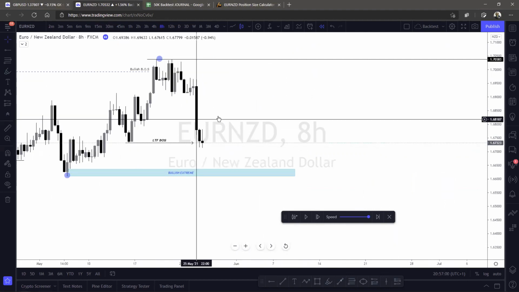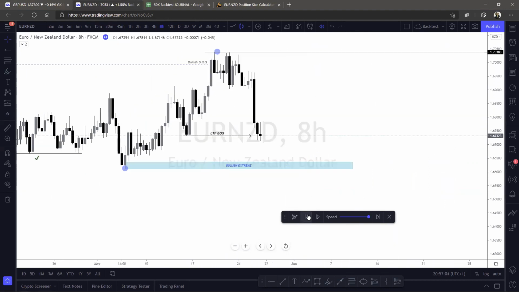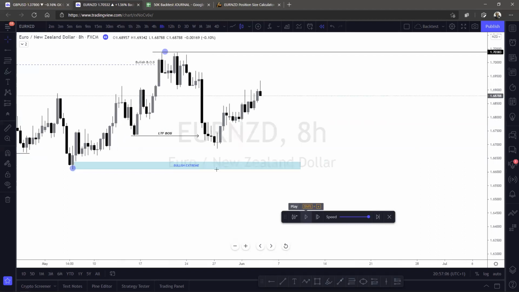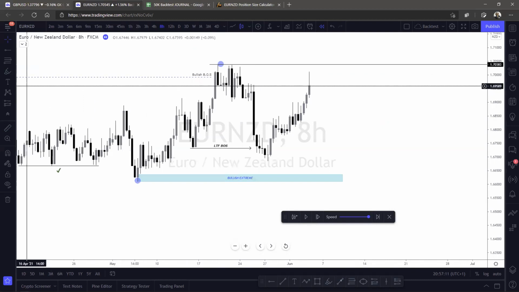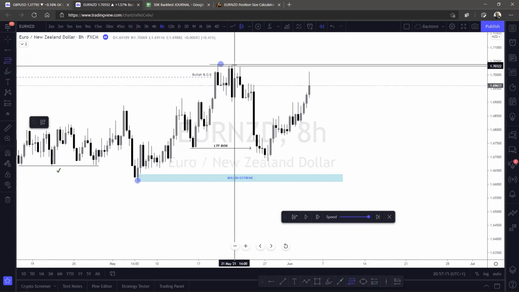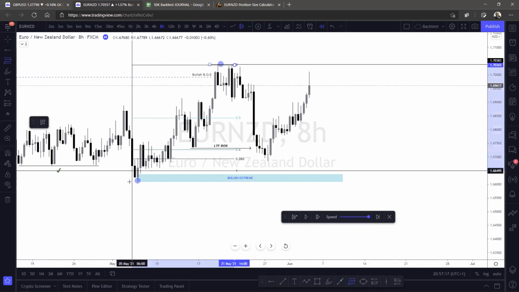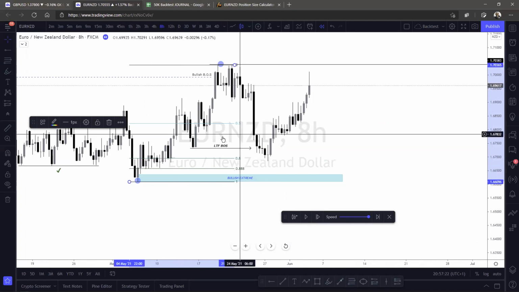So I guess it's them ones. Price was a fair bit away. I think this is where the 61.8 traders kind of took a win. They did come down into the 80%. Fair enough.